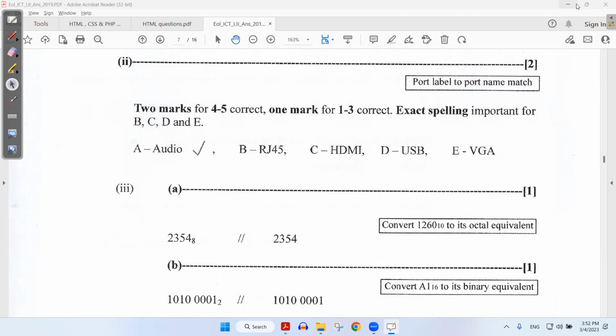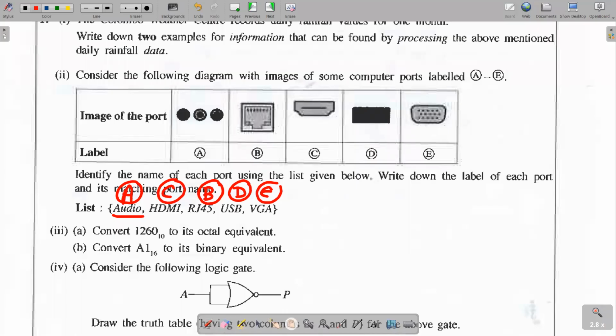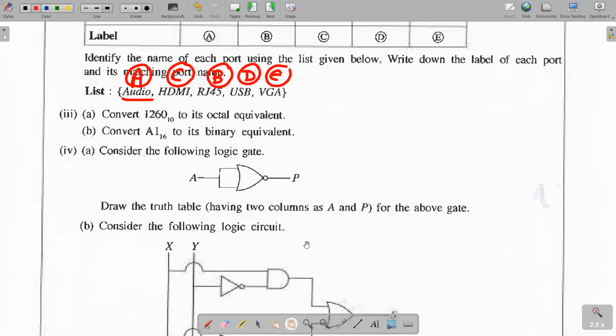Okay, then the number conversions are there. See how the conversion happens. Convert 1260 in base 10 to its octal equivalent.